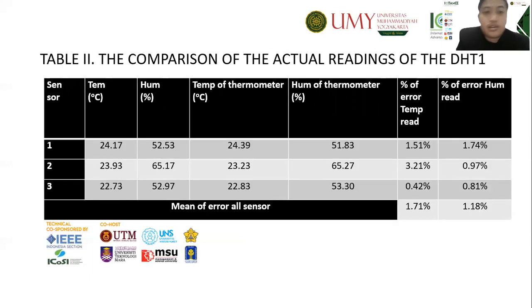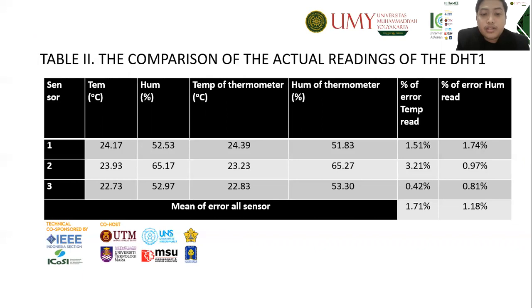And then this is the comparison of the actual readings of the DHT11. For the temperature and humidity sensor calibration, the data on the thermometer is recorded manually and compared with the DHT11 sensor output data.